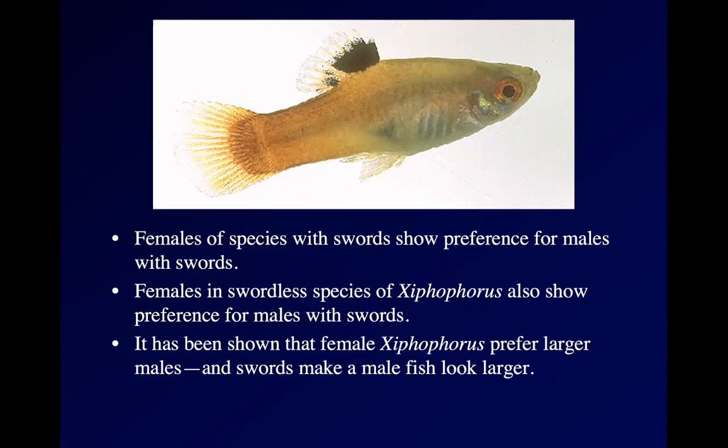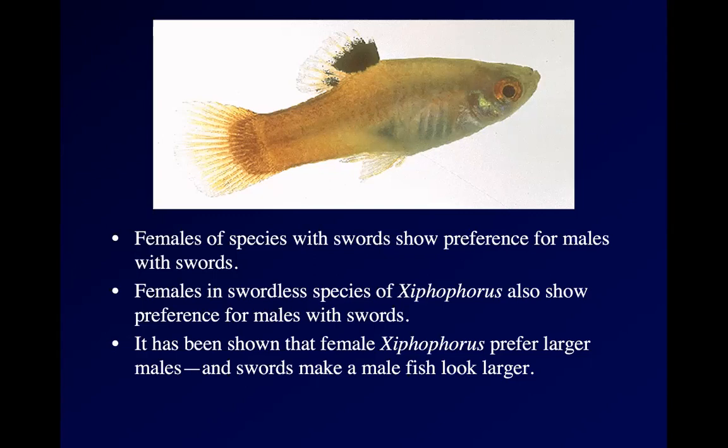Female Xiphophorus, all species, prefer males that are larger. They'll take a large male over a small male. The other thing is that they're not especially intelligent fish, brains the size of a pinhead. And females don't have very sophisticated ways of processing sensory information, which means that a sword makes a male fish look bigger.